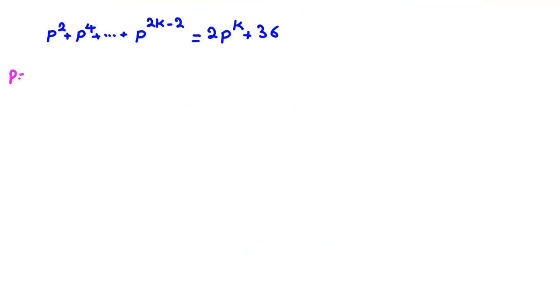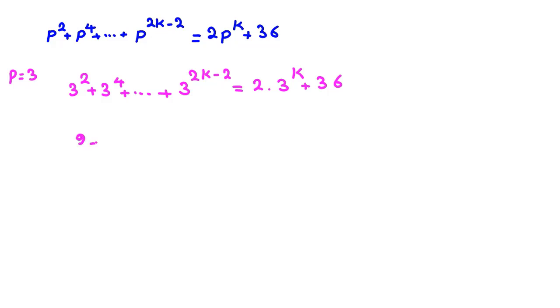Here, let's consider p equals 3, then 3 squared plus 3 to the 4 plus 3 to the 2k minus 2 equals 2 times 3 to the k plus 36. This one is 9 plus 9 squared up to 9 to the k minus 1 equals 2 times 3 to the k plus 36.